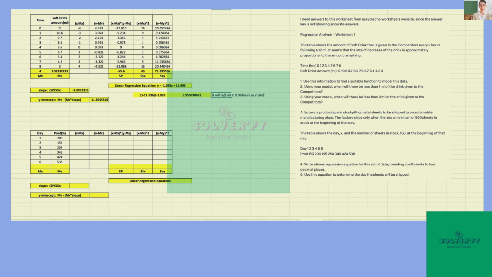So at about 10 hours, it will be less than 1 ml.